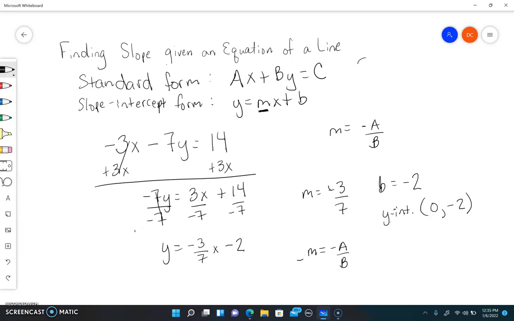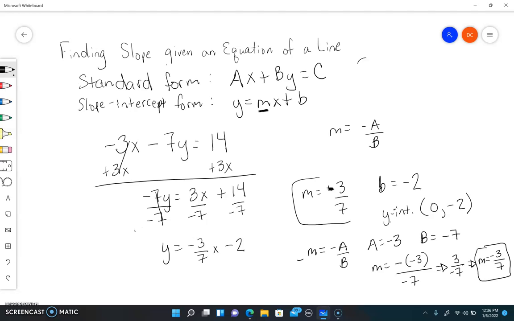Here our a is equal to negative 3 and our b is equal to negative 7, right? So a negative 3 divided by negative 7. Negative times a negative becomes positive, so m is equal to negative 3 over 7. All right, so you can see again, we got the same thing both times, negative 3 over 7.